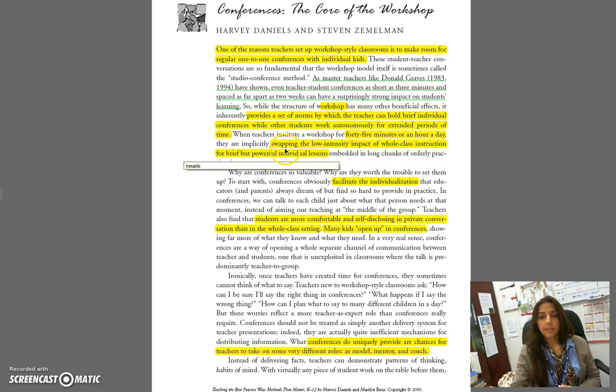These conferences swap the low-intensity impact of whole class instruction for brief but powerful individual lessons. Swapping means changing. So the workshop classroom in which the teacher has a one-on-one conference changes the low impact of whole class instruction, which does not have a very strong impact on student learning, compared to the individual one-on-one conference which the teacher has with the student.